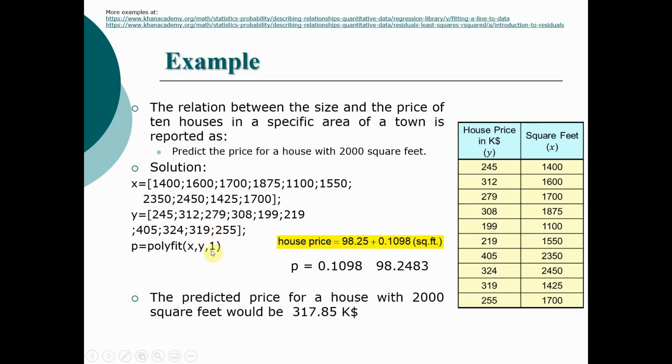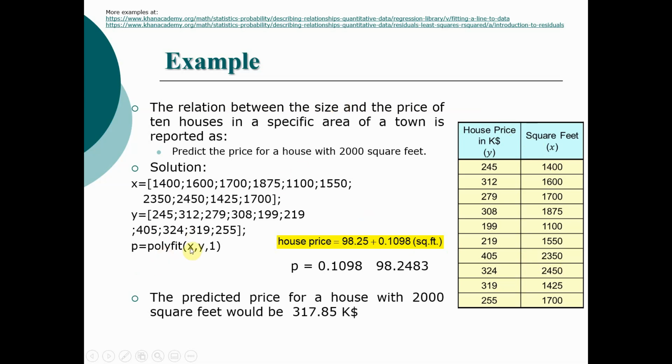Because we determined that we want a first order curve fitting, we only have two coefficients, because in a line you only have, let's say, ax plus b, two coefficients. So this is going to give us the line that would fit these data points, and this line would be the best fit based on the least square criteria.